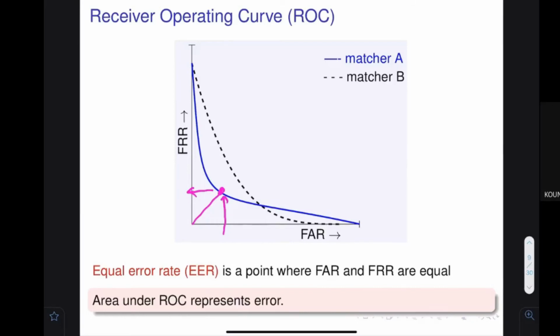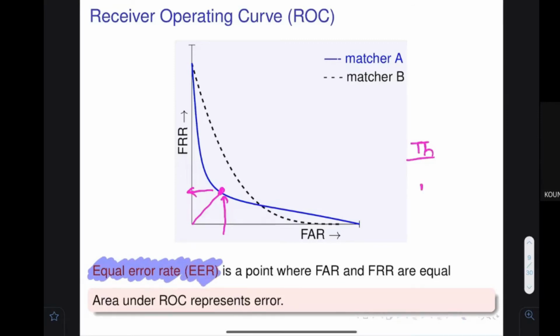You know how this graph has been plotted by changing the threshold. If you change the threshold, then you are going to get different points, and the point where false reject and false accept are the same is called the equal error rate point, and its value is the false accept plus false reject divided by 2.